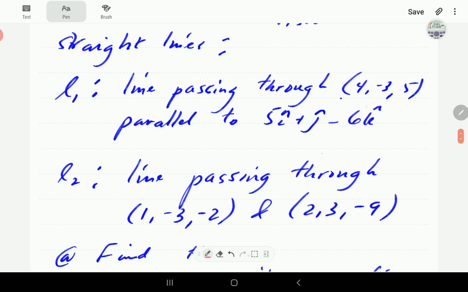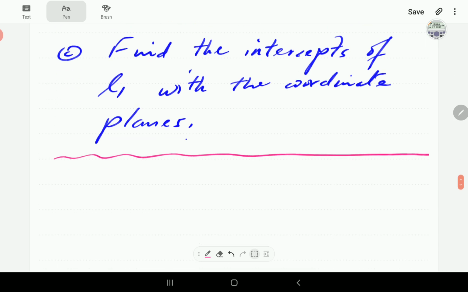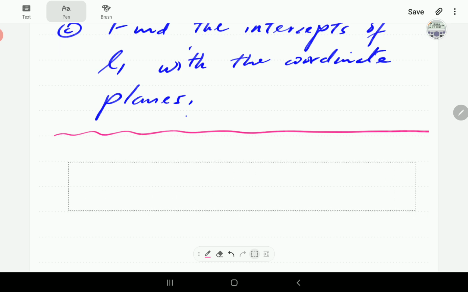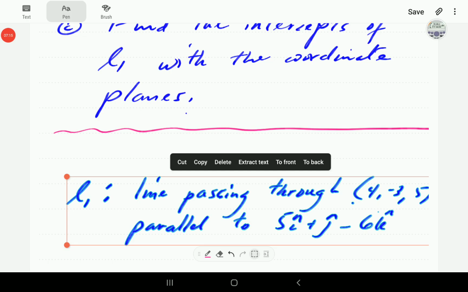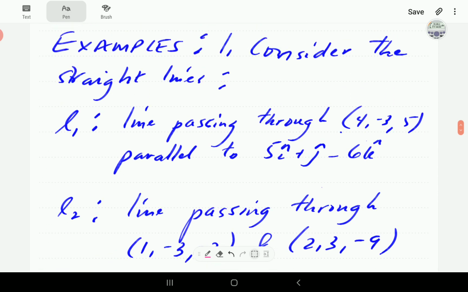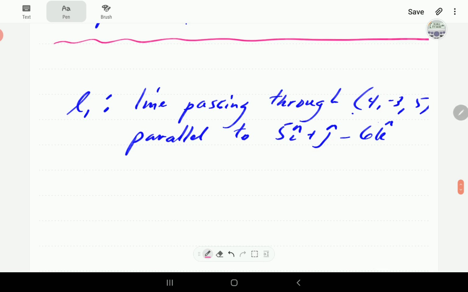So let's start with L1. For L1 we have got a line passing through (4, -3, 5) and parallel to the vector (5, 1, -6).